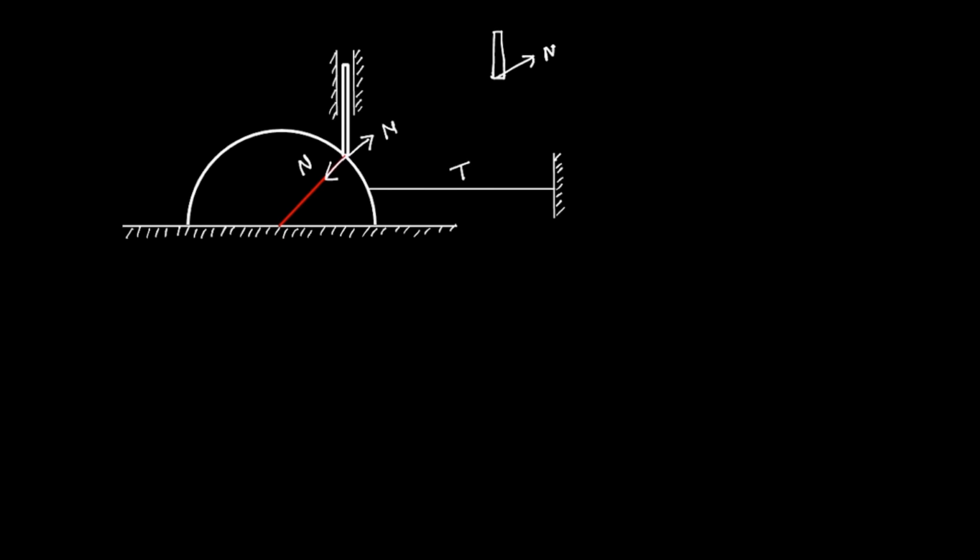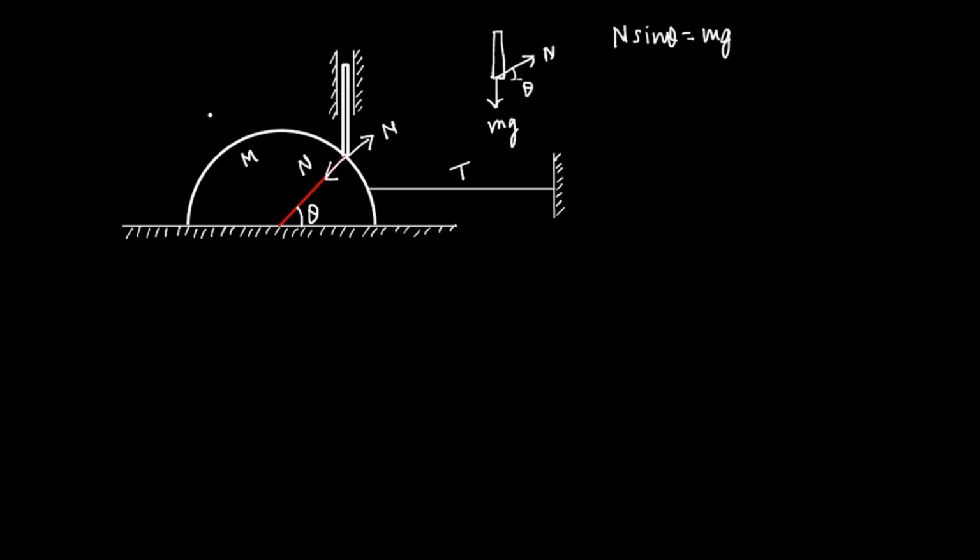N is acting over here and this angle is theta, given. The rod mass is small m and the hemisphere mass is capital M. So from here you get N sin theta is equal to mg.